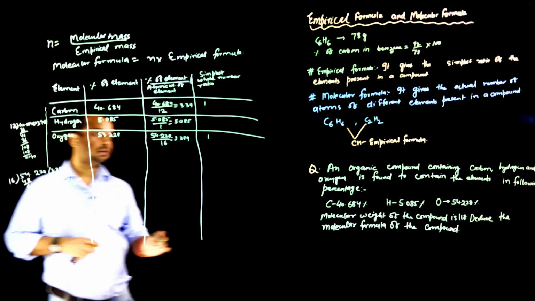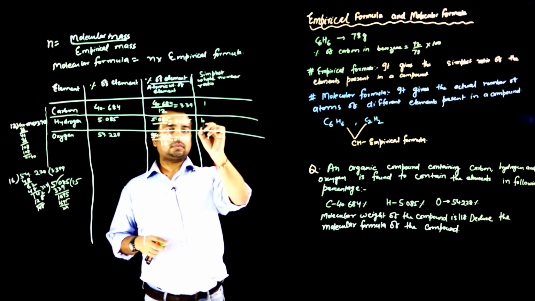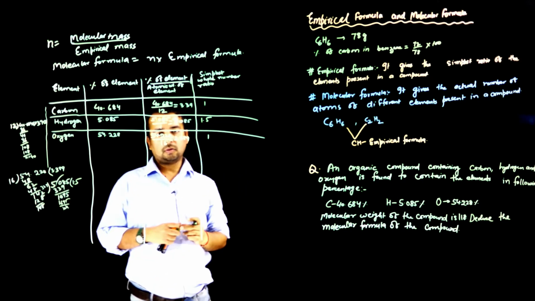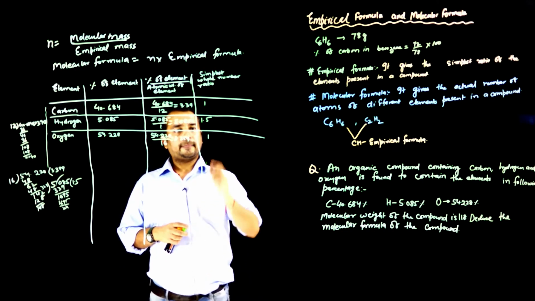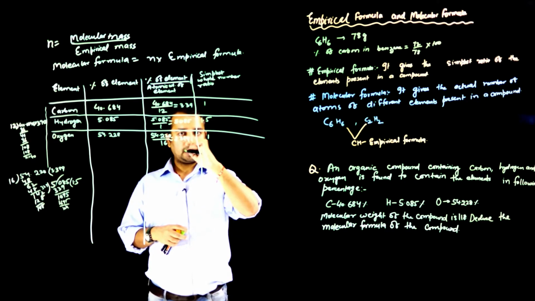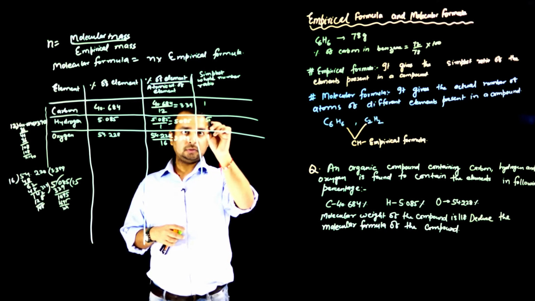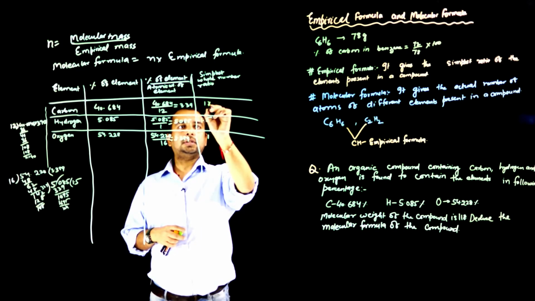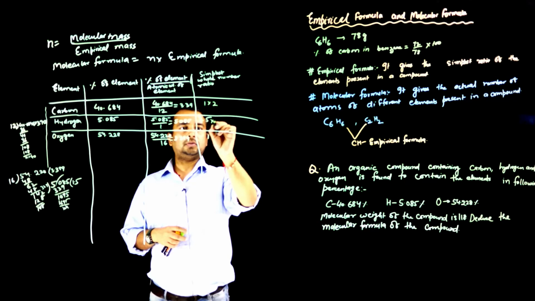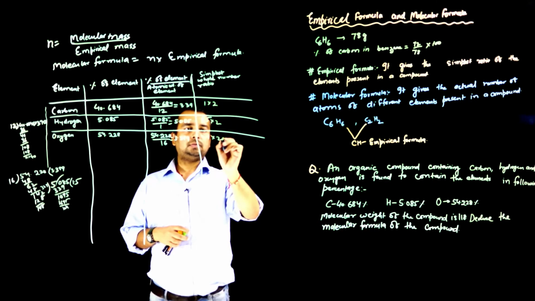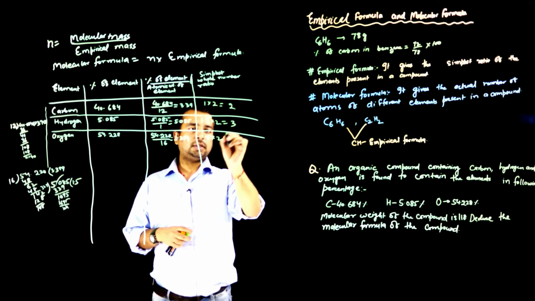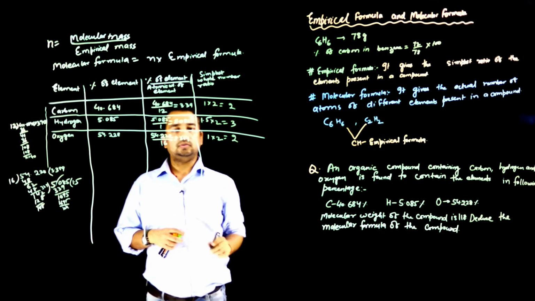So here the ratio is 1 : 1.5 : 1. Since this is not a whole number, the lowest number we can multiply by to get a whole number is 2. So we multiply all by 2. The simplest ratio we have got is 2 : 3 : 2.